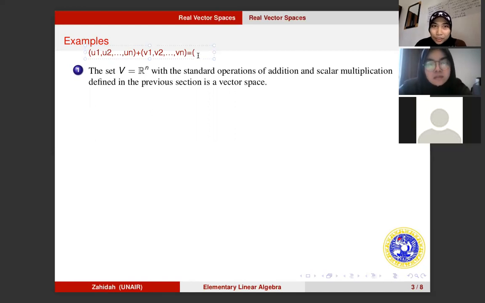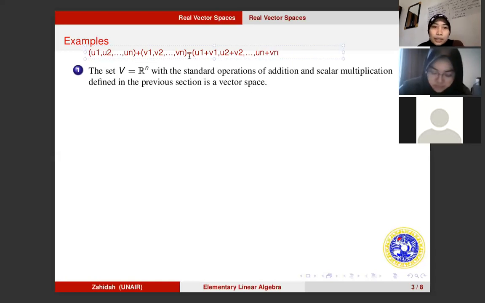What is the first component here? u1 plus v1, comma, u2 plus v2, until un plus vn.